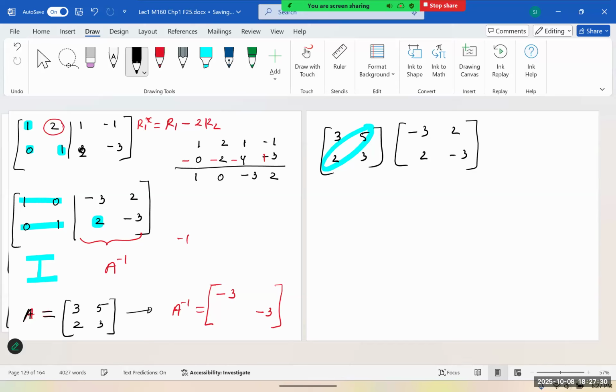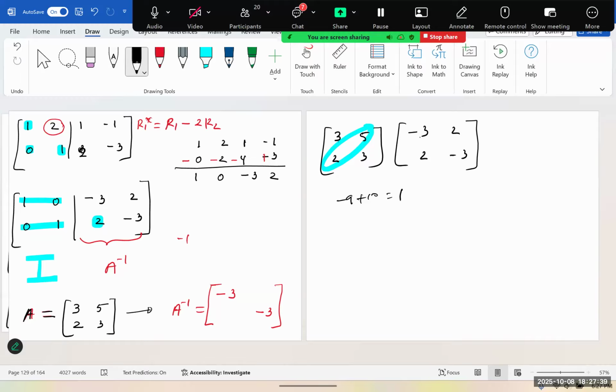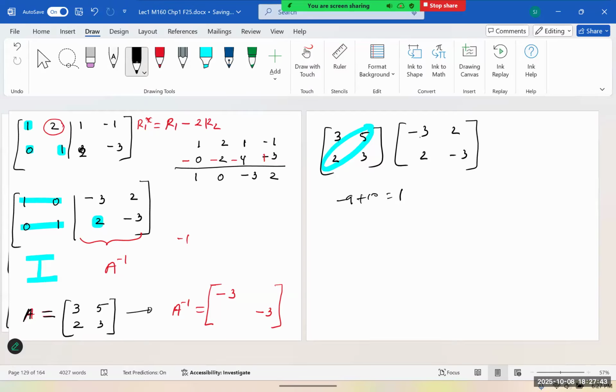So if you multiply 3 times -3 is -9 plus 10, which is 1. And then the second one, 3 times 2 is 6 minus 3 times 5 is 15, which is -9.